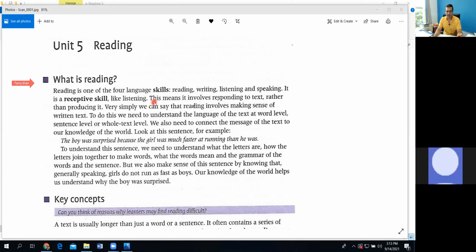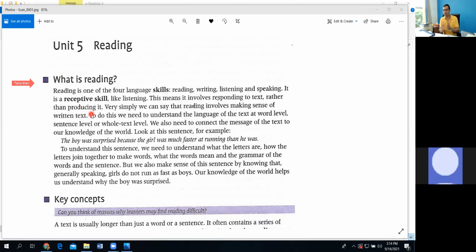Receptive skills means it involves responding to text rather than producing it. We respond to the text. We don't produce that. When we respond, it means it comes to us. We are at the receiving end.